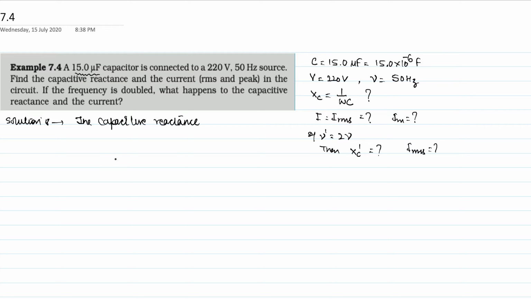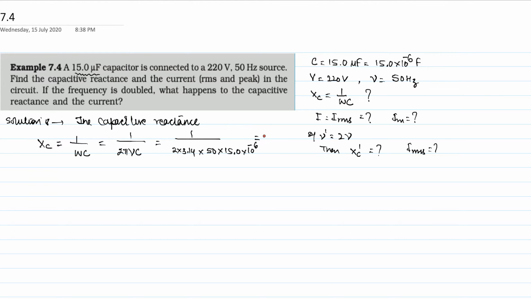The capacitive reactance Xc is equal to 1 upon omega C. This means it is 1 upon 2 pi nu C. So you can write it like this: 1 upon 2 times 3.14 times 50 times 15.0 times 10 to the power minus 6, which is equal to 212 ohm.